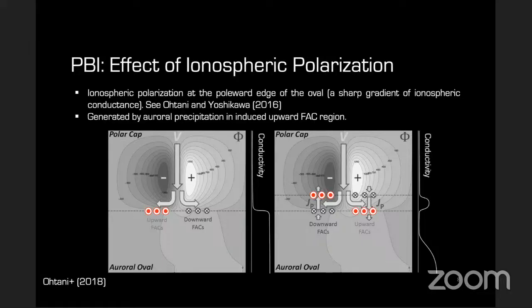In general, since the effect of ionospheric polarization is instantaneous, this idea can explain not only the fact that PBI are initiated immediately after the arrival of the polar cap flow, but also the fact that some PBI expand rapidly in the azimuthal direction. Again, we definitely need simultaneous optical and particle observation to distinguish between those two possible mechanisms.